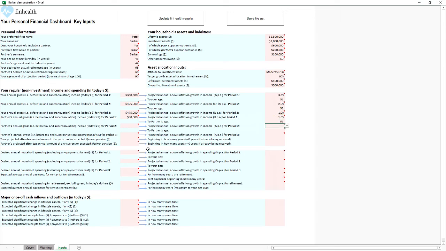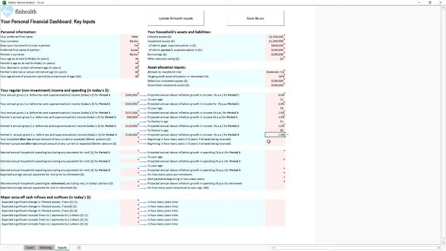She then intends to go back to work full-time and earn $120,000 a year, again growing at 1% above inflation to her intended age 55, after which she intends to back off a little and earn hopefully $100,000 a year, growing at 1% per annum to her desired retirement age of 60.